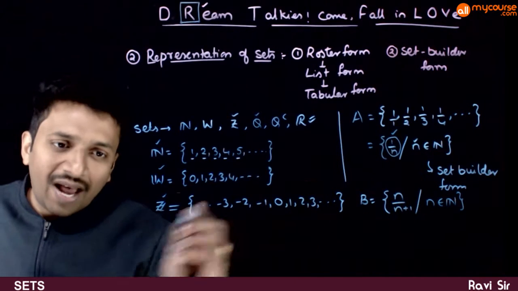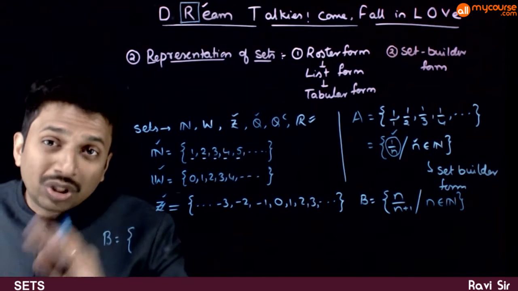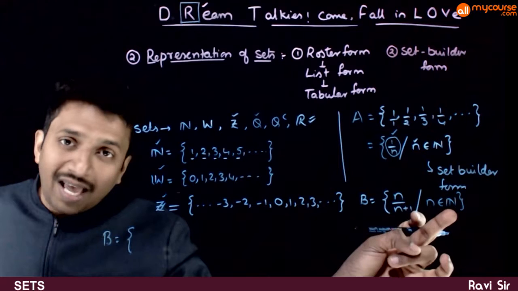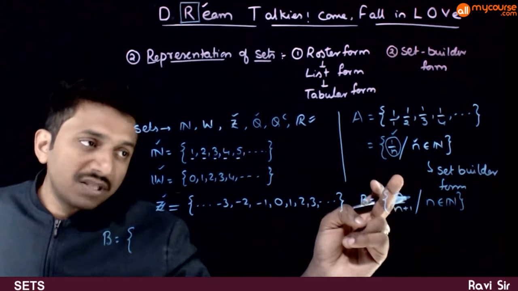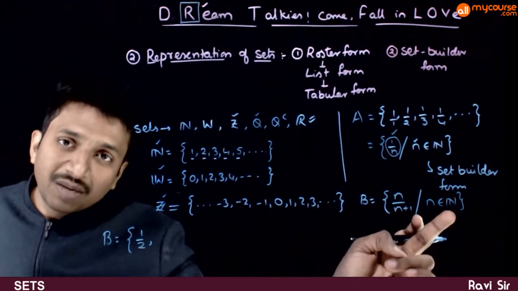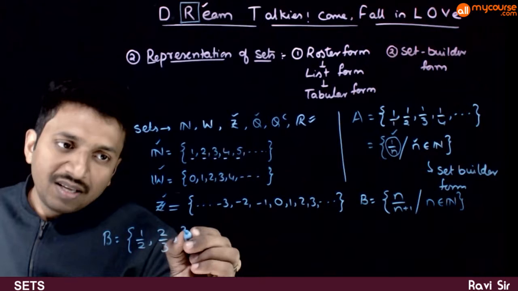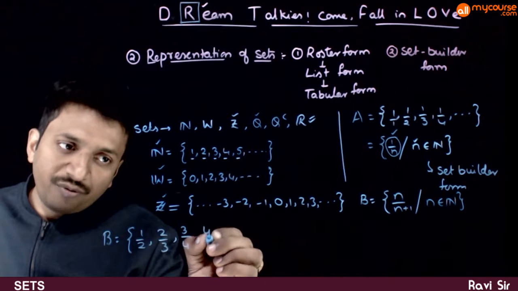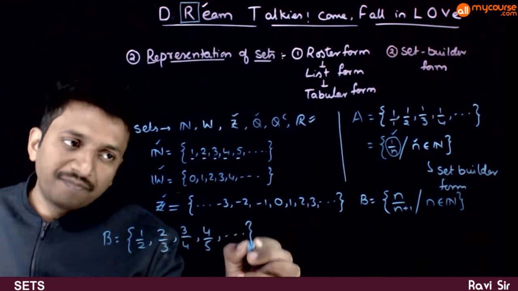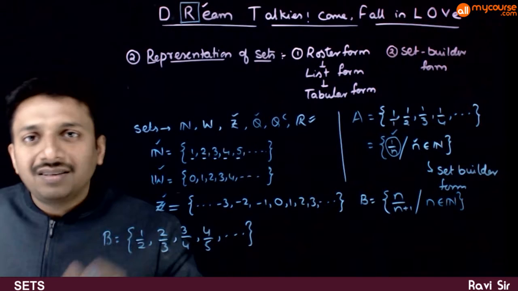Yes. If I have to write it in roster form, B is equal to the set containing: first, n is a natural number, so n becomes 1, 1 by 1 plus 1 is 1 by 2. Next n becomes 2, 2 by 2 plus 1 is 2 by 3. 3 by 3 plus 1 is 3 by 4. 4 by 4 plus 1 is 4 by 5, and so on. So this is the set I am talking about by this set builder form.